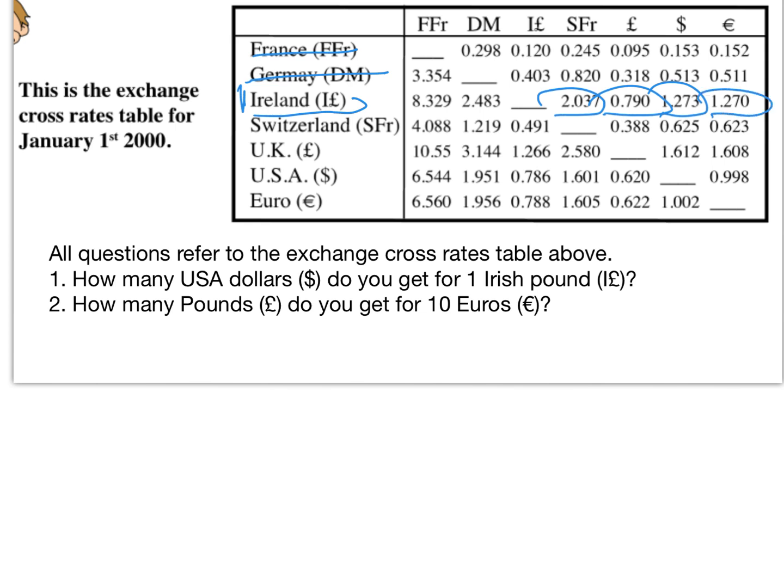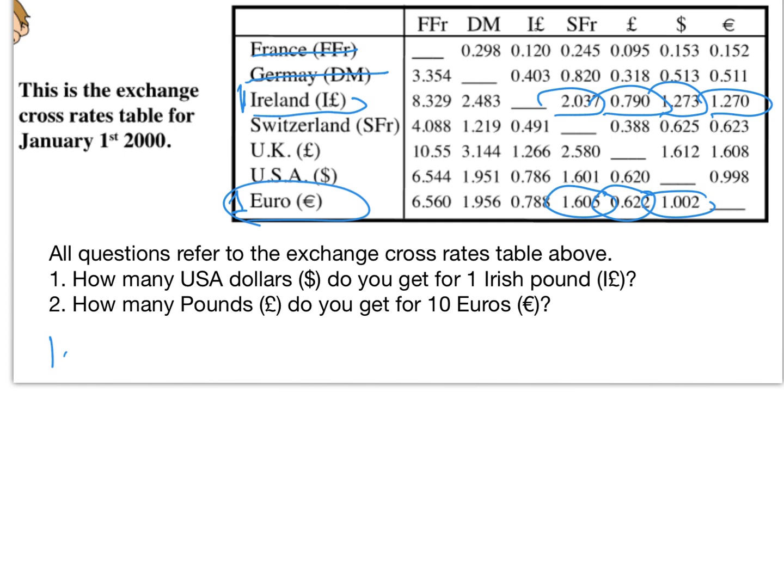And for the second one, 1 euro here is equivalent to 1.605 Swiss francs, 0.622 pounds, and 1.002 dollar.